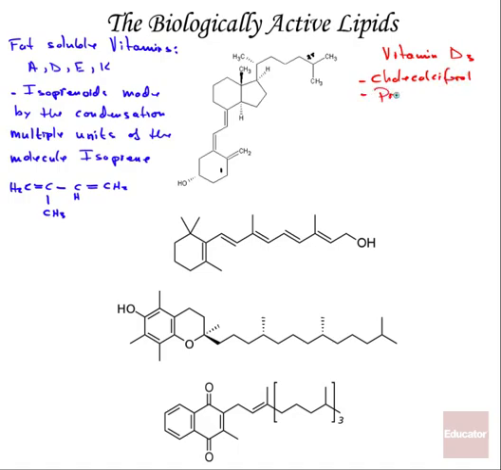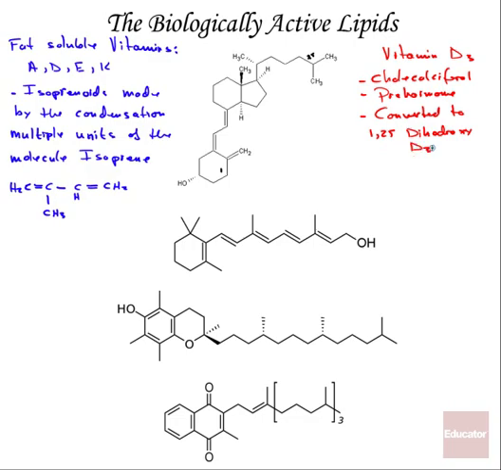Now this is a prehormone. So in this particular form, it isn't really doing anything. What ends up happening is this is converted to 1,25 dihydroxy D3.